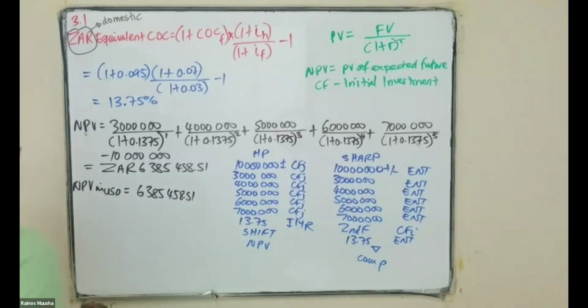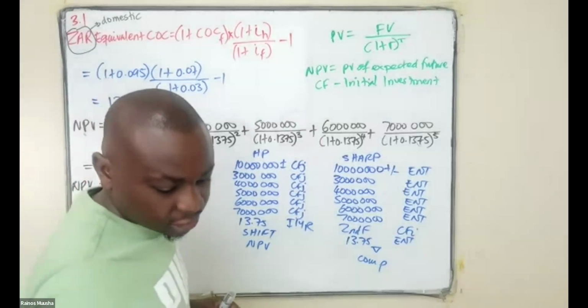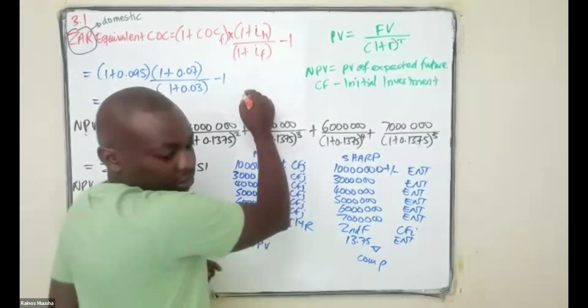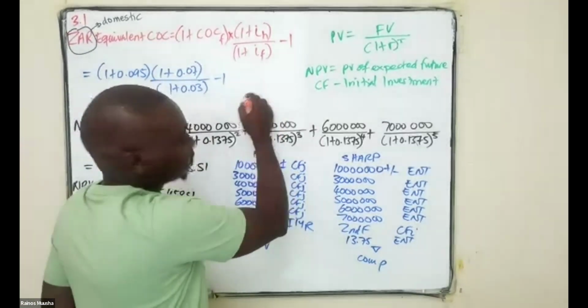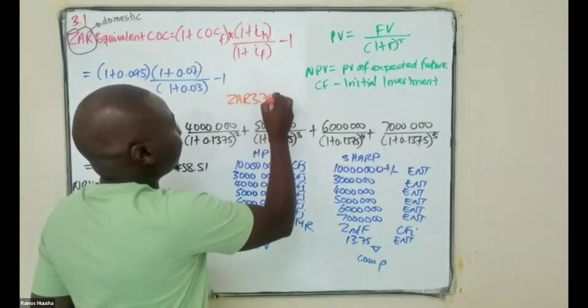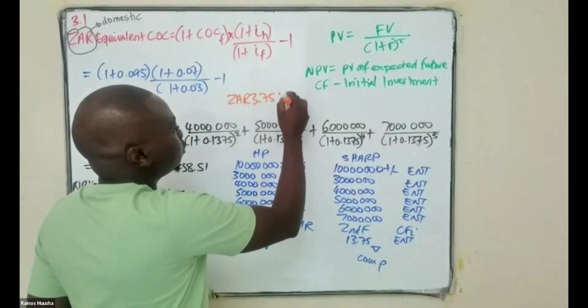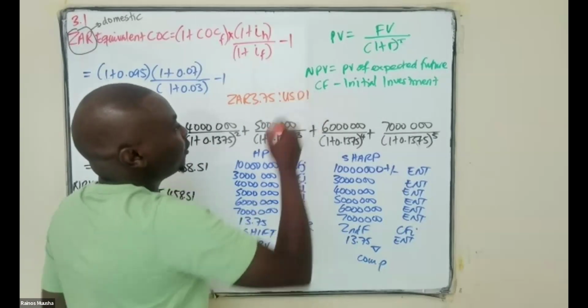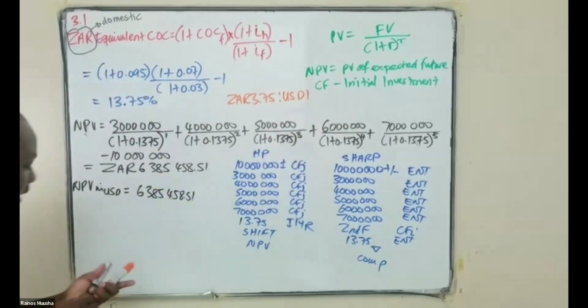And remember, the spot exchange rate is given as 3.75 ZAR equals $1.